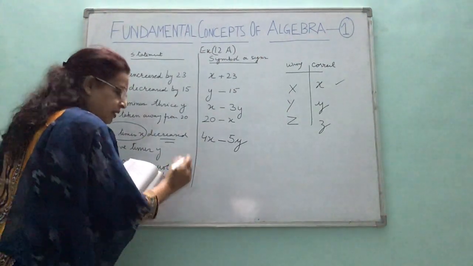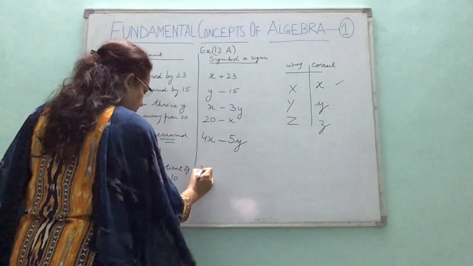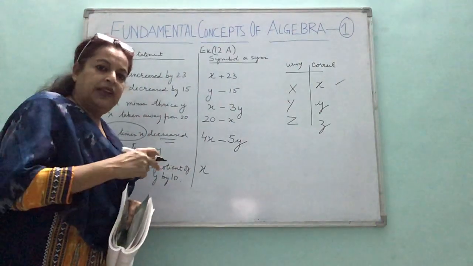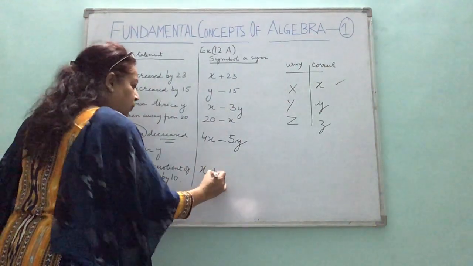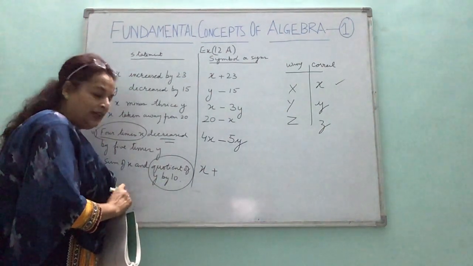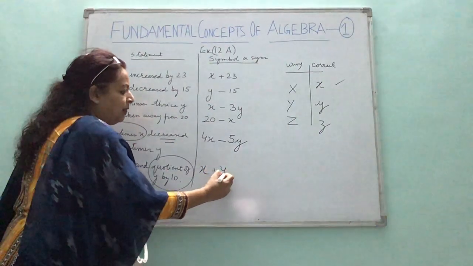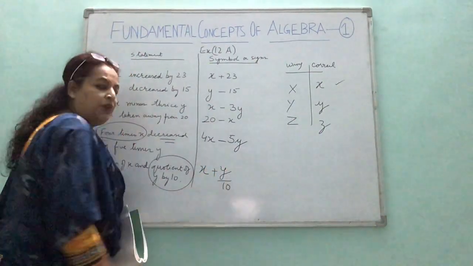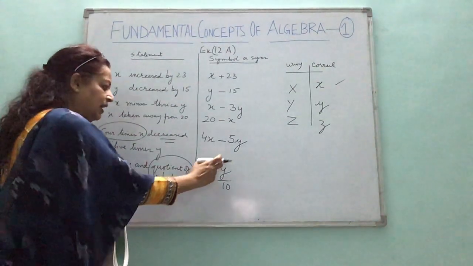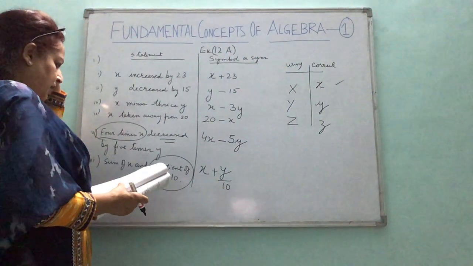So x is here, and we have to add something to that. What do we have to add? Quotient. Quotient means divided. Y is divided by 10, y by 10. Sum of x and quotient of y.